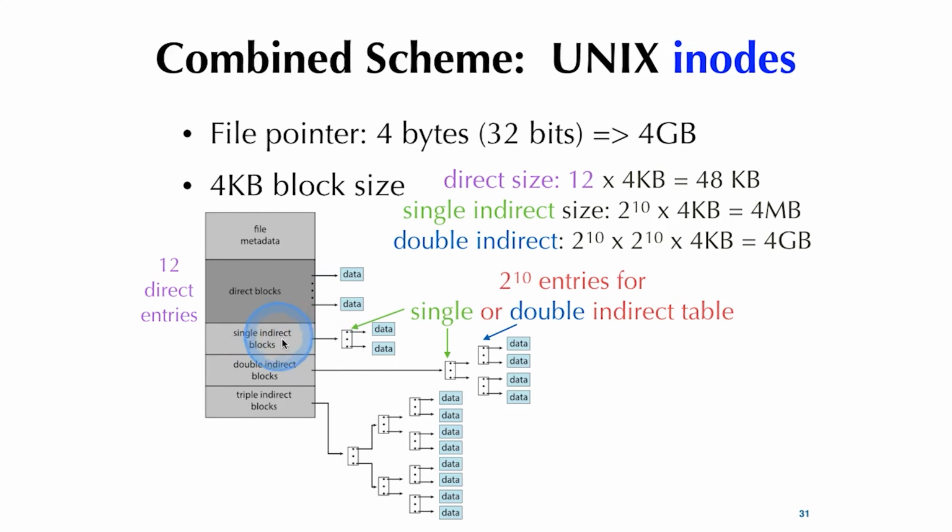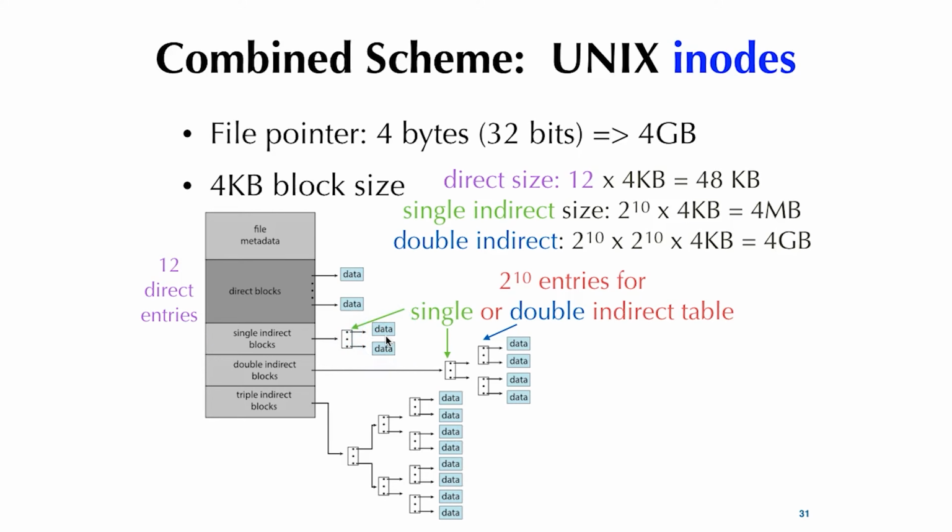And then if you need anything larger, you can put the additional ones into the single indirect block. What that does is it is a pointer to one index, and that index should fit within one block. Because if it's a 4 byte pointer and a 4K block size, you can have 1,024 entries, 2 to the power 10 entries.